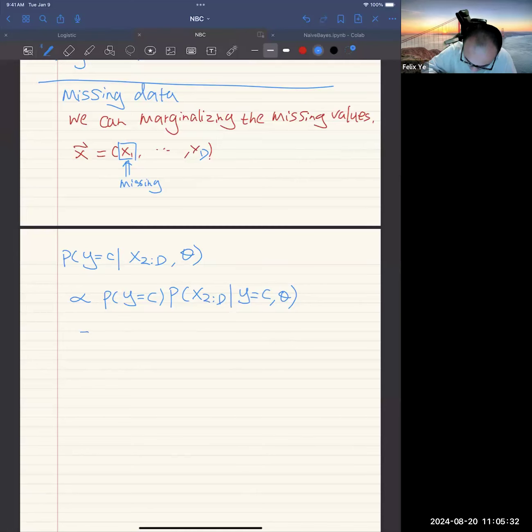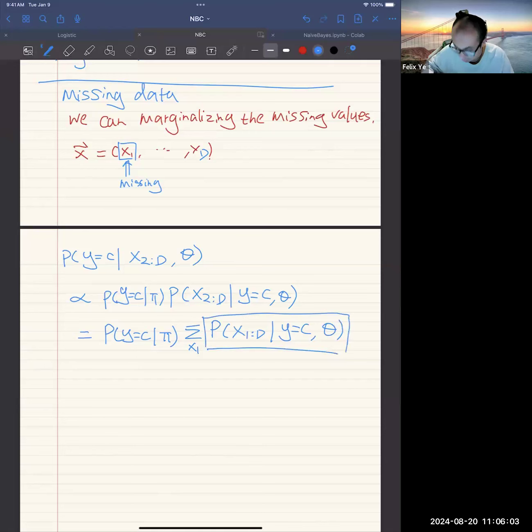So this is basically the probability y equal to c conditional on pi, times the summation over all the possible x1, of the probability of x1, x2 to xD, conditional on y equal to c and the thetas. So this goes back to the conditional probabilities that we actually asked for.